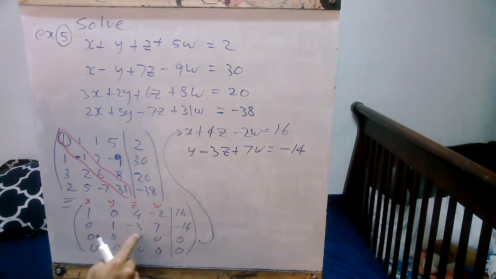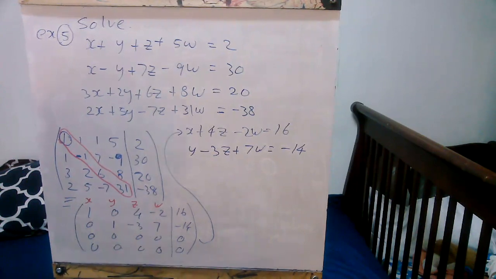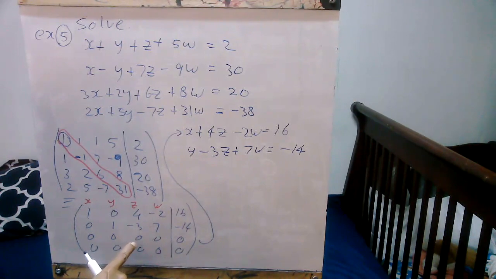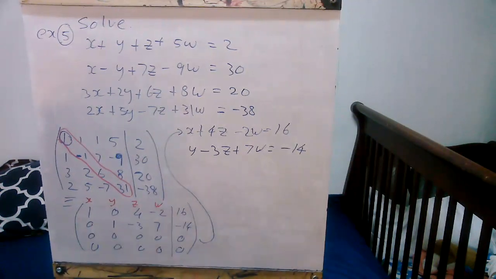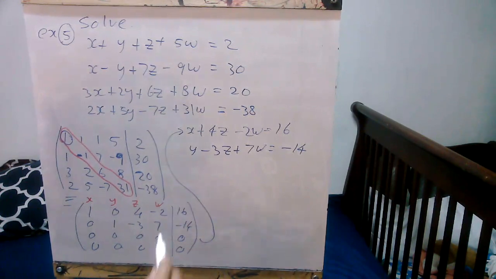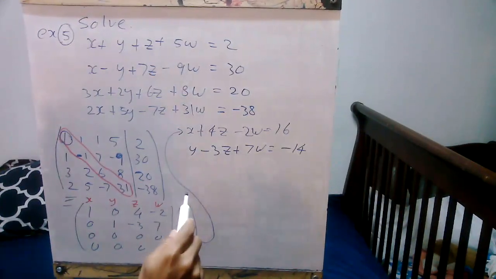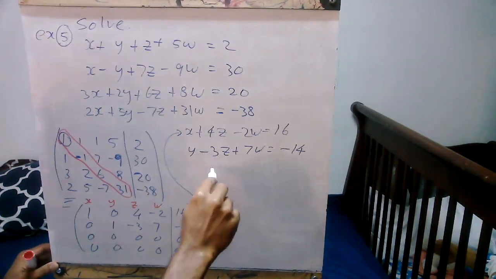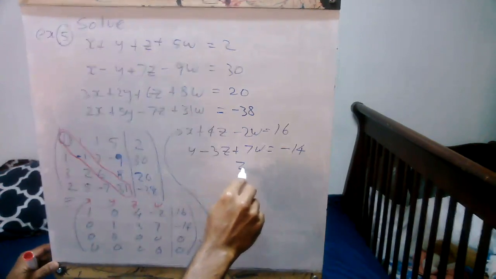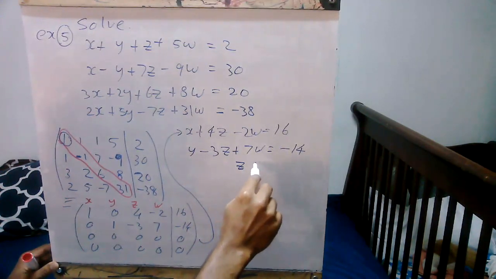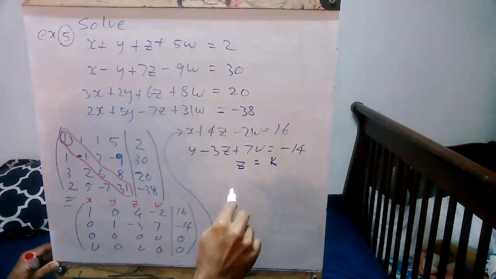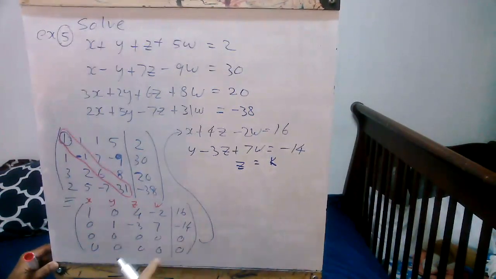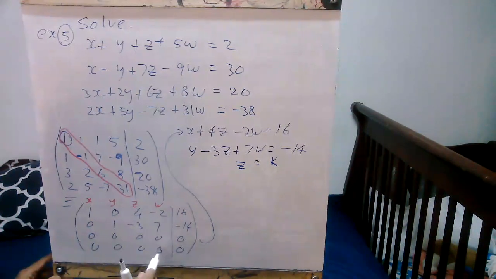Now the next one corresponds to z is 0 and the whole row is 0, therefore we have to assign a constant for z. I use the same letter as the book did. They took z as k. We can assign z equal to k and w, this position is 0.